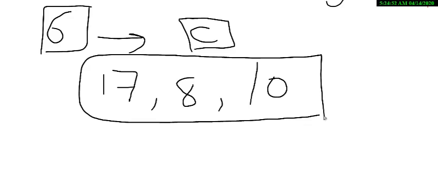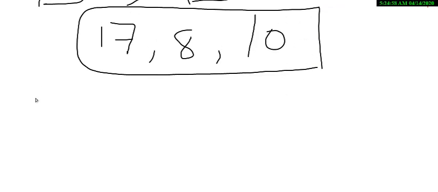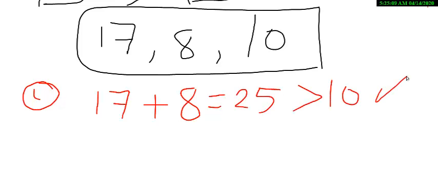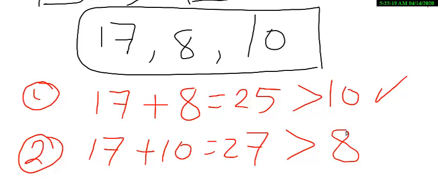I'm going to start with inequality number 1. 17 plus 8 is 25, and 25 is greater than 10. The second inequality, I take 17 with 10. 17 plus 10 is 27, and this is greater than 8, so the second inequality comes true.